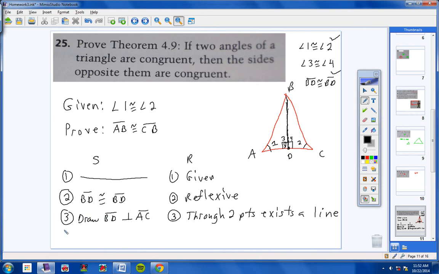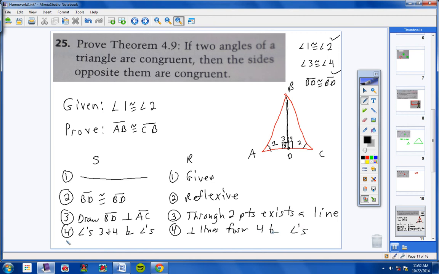Now that we've done that, we can state that look, we did it. We drew a line that's perpendicular. So if these two lines are perpendicular, then we can definitely state that angles 3 and 4 are what? Right angles. Okay? And we can state that because perpendicular lines form 4 right angles.